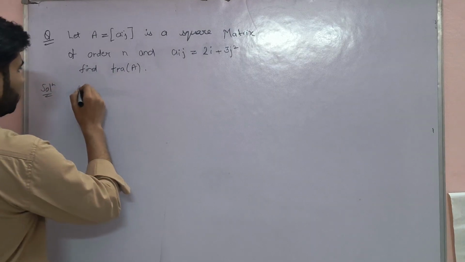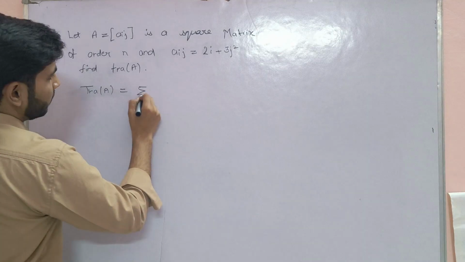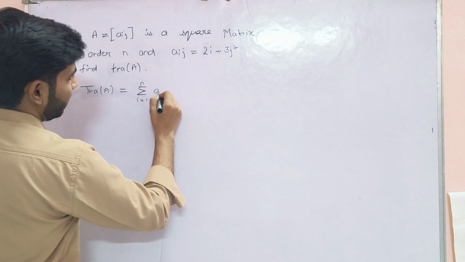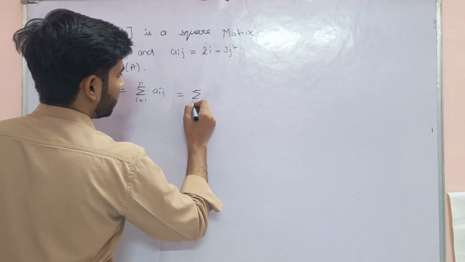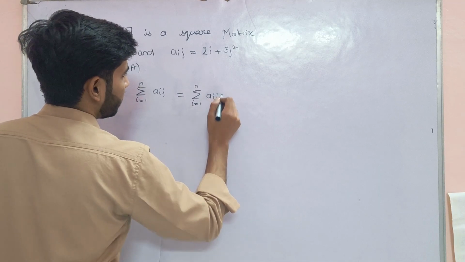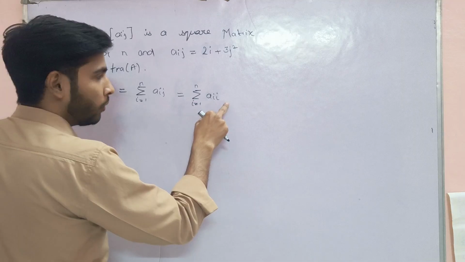We already know trace A equal to summation i equal to 1 to n of Aij. We can also write it as summation i equal to 1 to n of Aii, because a diagonal element has row number equal to column number.